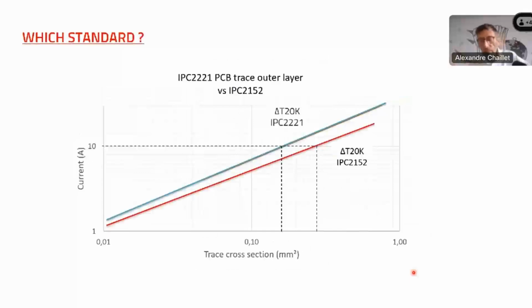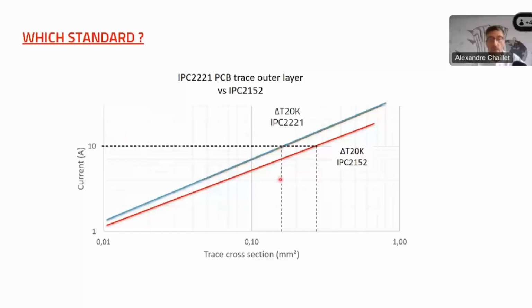If you compare these two standards, I did that with a curve, always trace cross-section and current, and that's the way you can design the delta T for a trace. Imagine 20 Kelvin for IPC 2221, and the same delta T for the trace with IPC 2152.